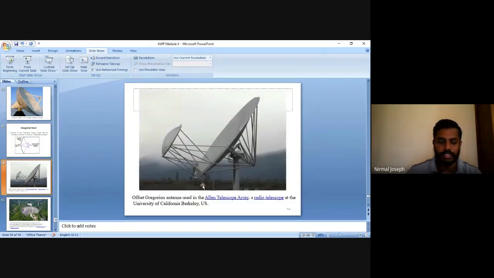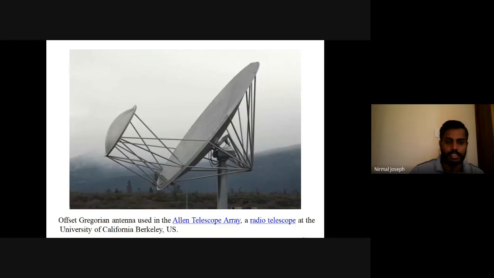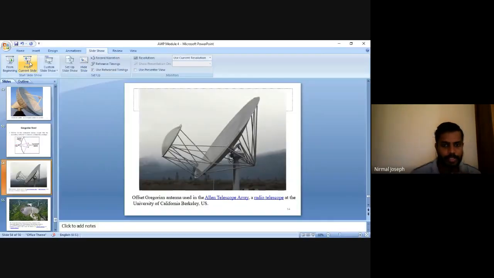So this is an offset Gregorian antenna. It is used in the Allen Telescope Array radio telescope at the University of California. Can you say if there is any difference between the Gregorian feed and this particular antenna?